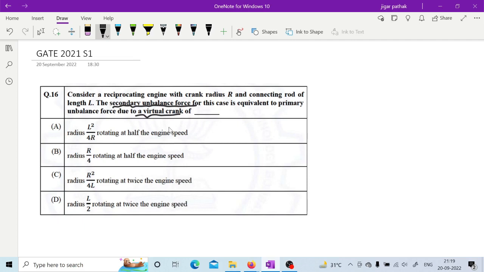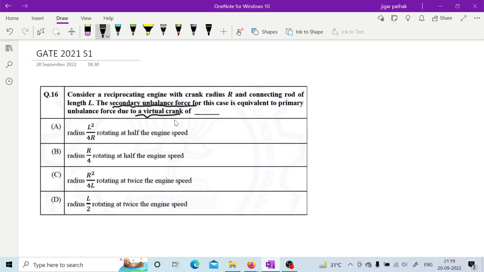So what is the radius of that imaginary crank? Sir, will it be D, radius L by 2 rotating at twice the engine speed? D, are you sure? Sir, it seems like B.